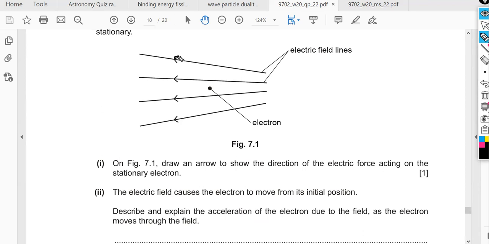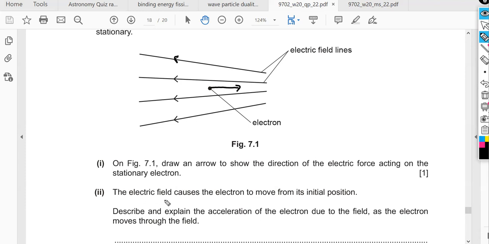Because they're showing us that the electric field lines are more concentrated on the right side and less concentrated on the left, but they're all pointing to the left. That's the direction that a positive charge would move, right? So the rule here is that the direction of an electric field is the direction that a positive charge would move. An electron, being a negatively charged particle, is going to then experience a force in the opposite direction of the electric field, so to the right in this case.